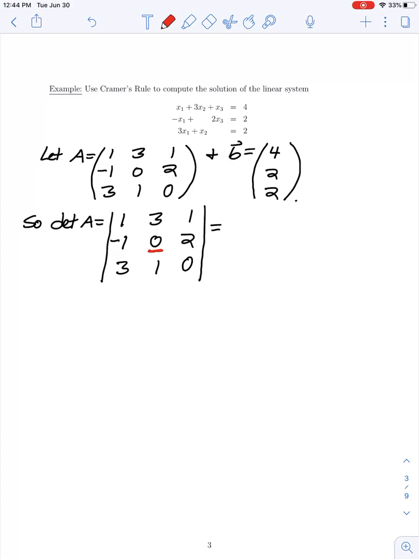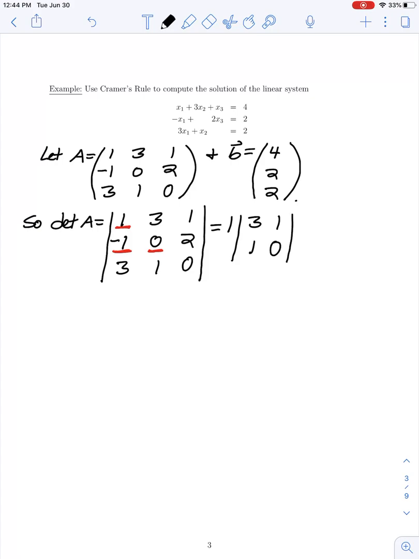So let's determine what the sign of our cofactor expansion will be. So we start with a positive. Then when we move downward to the second row, first column, we get the negative of that entry. So the negative of a -1 gives us a +1 times the minor, which would be the determinant of the matrix 3, 1, 1, 0.